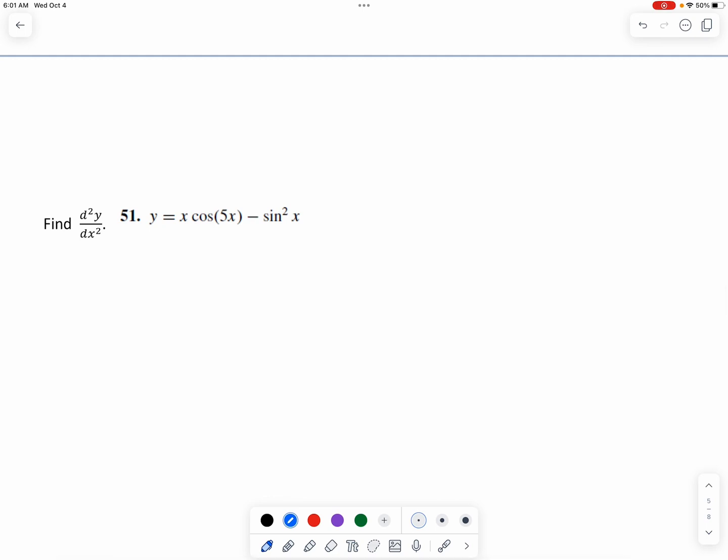Okay, another one that I think you should maybe see. This 51, I'll give you a hint on this. This part here, d squared y over dx squared, that means find the second derivative, which just means find the first, clean it up, and then find it again, the derivative of the derivative.